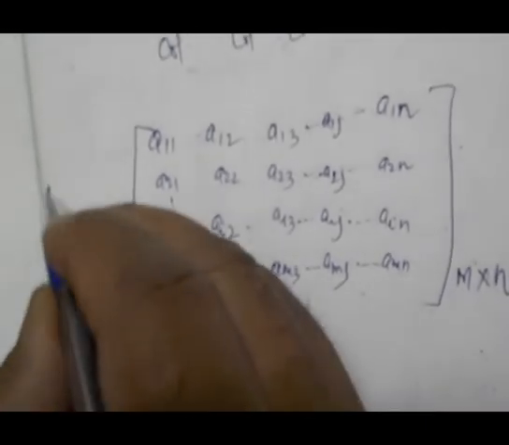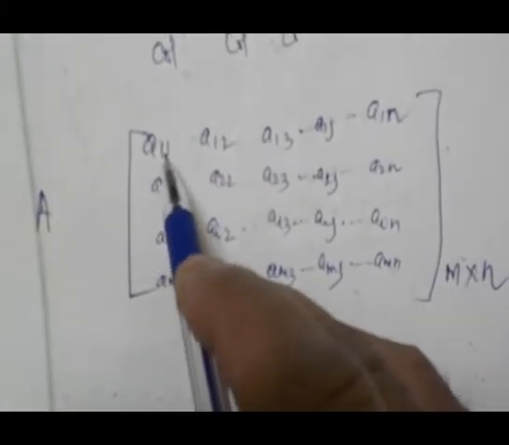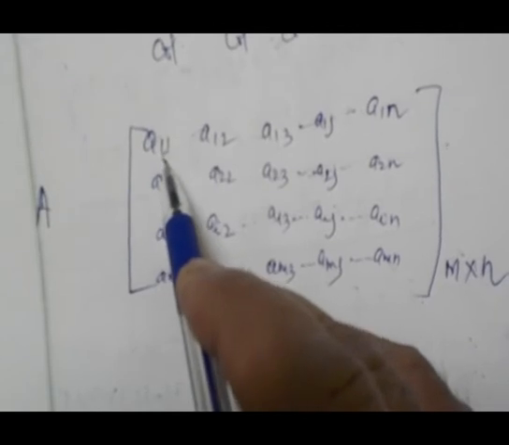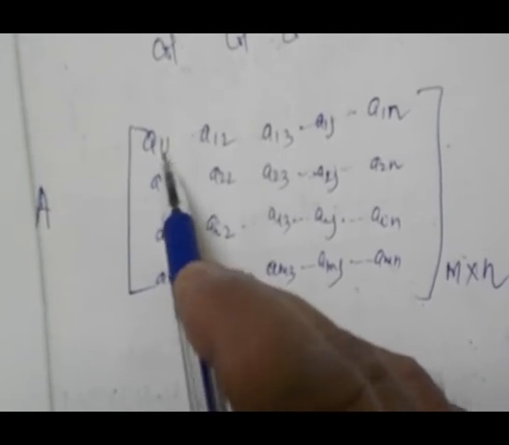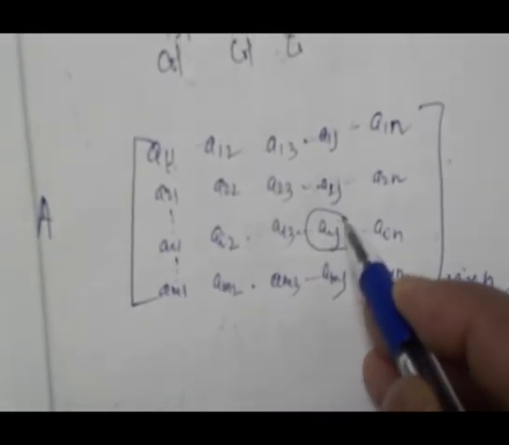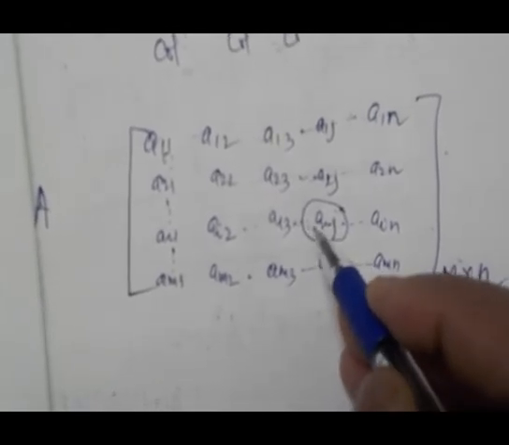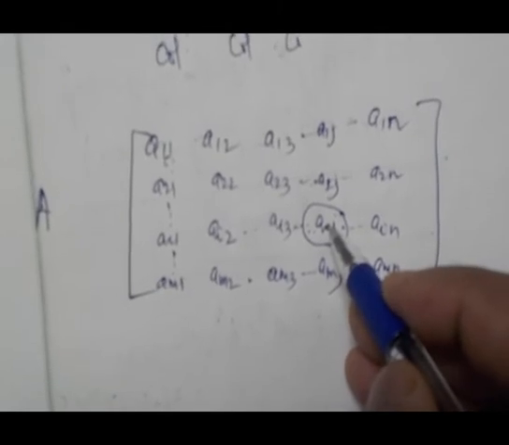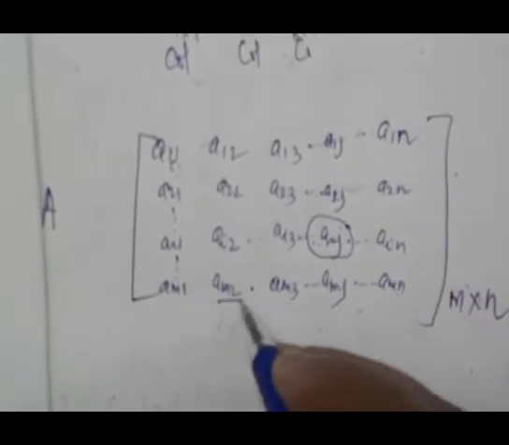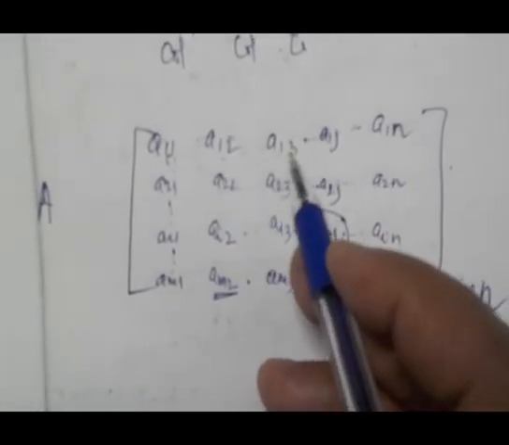This is the matrix A. A11 means these are the suffixes, not an element. It is 1, 1: the element at the first row and first column. What about Aij? Aij is the element at the intersection of the ith row and jth column. So these are the suffixes. Not twelve, thirteen, fourteen; it is 1, 2, 1, 3.